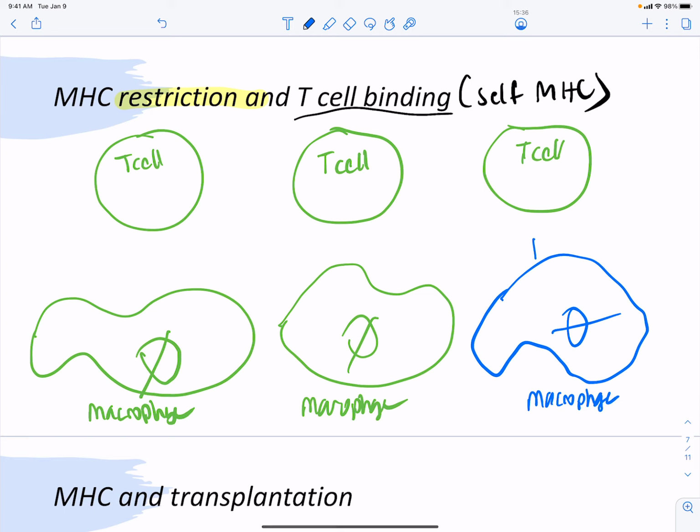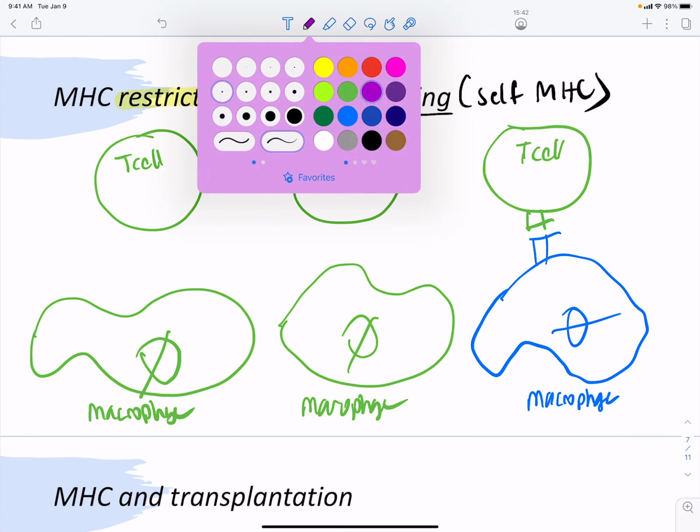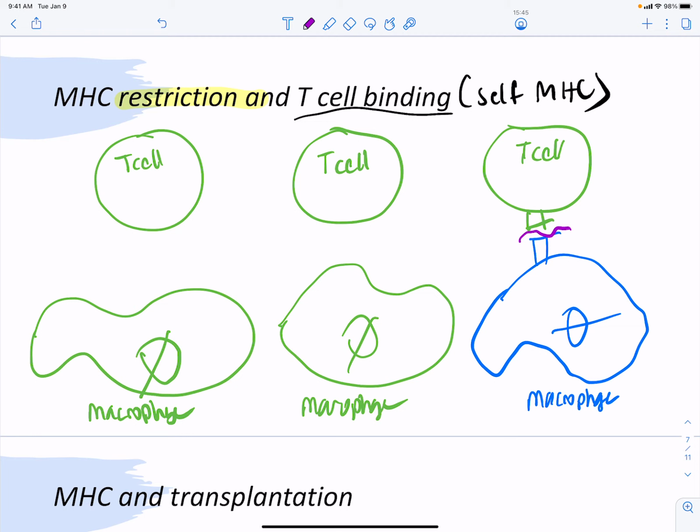The macrophage from the blue person would express blue MHC, and the T cell receptor from the green person, regardless of whether the peptide was recognizable, could not become activated.